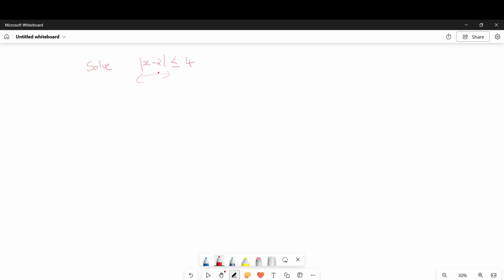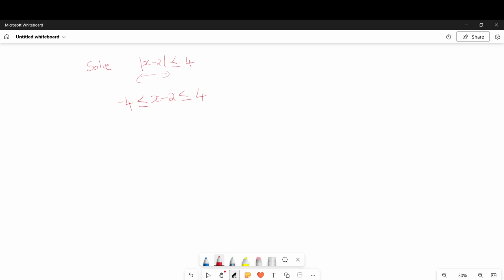First we are going to remove the absolute value sign. When we remove it, keep in mind: |x minus 2| less than or equal to 4 becomes x minus 2 less than or equal to 4, and on the other side we make it greater than or equal to -4. This is how we open the absolute value in an inequality.